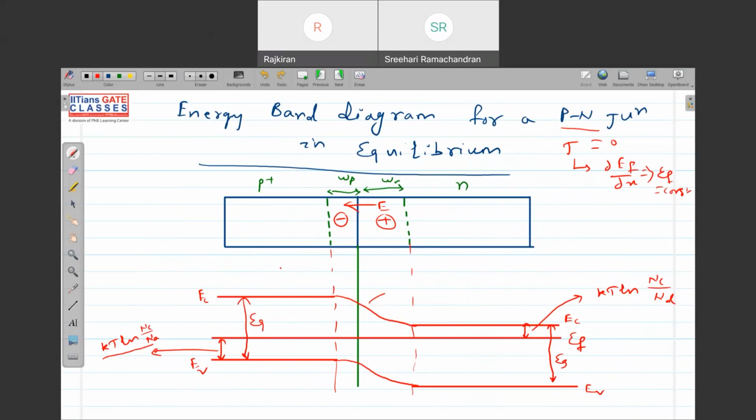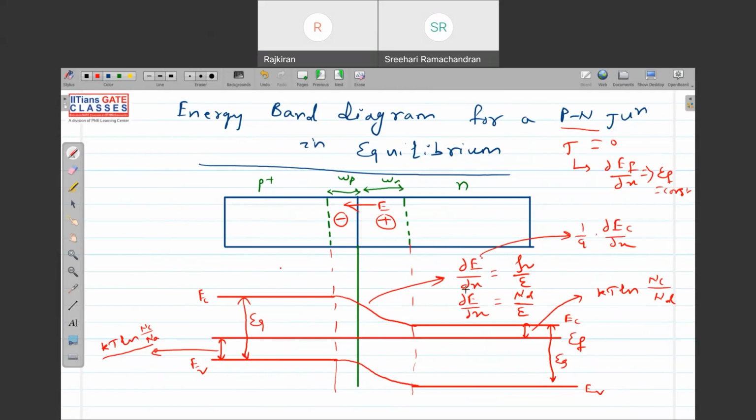So this curvature is nothing but, we know, d electric field by dx is rho v by epsilon, right? So dE by dx equals rho v, which inside the n side is q Nd by epsilon. And electric field is nothing but 1 by q dEC by dx.